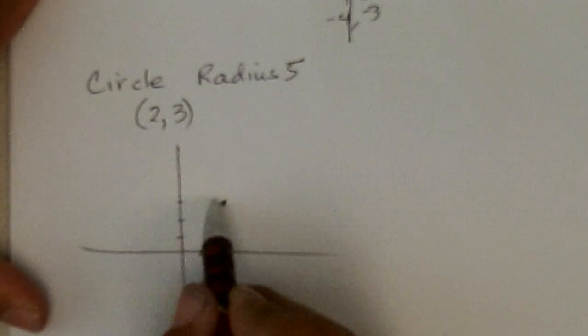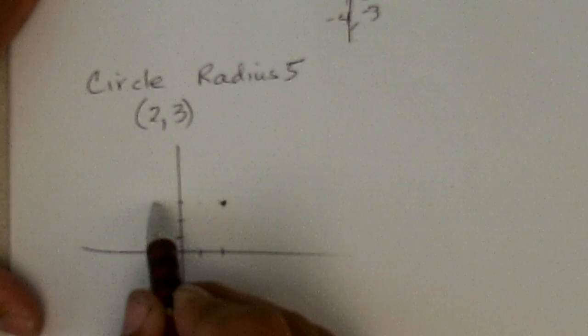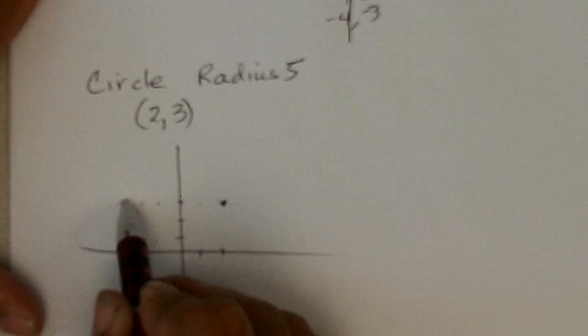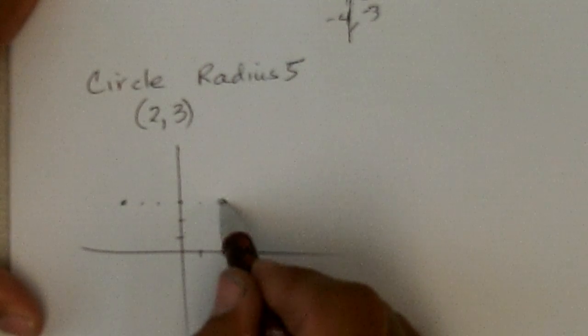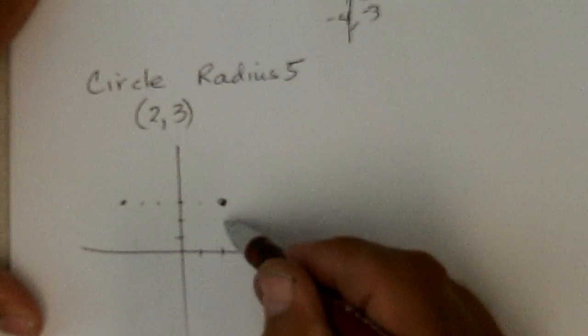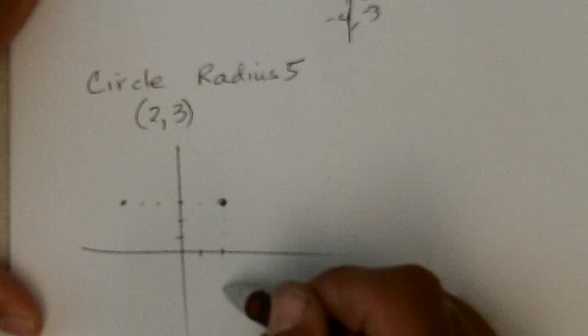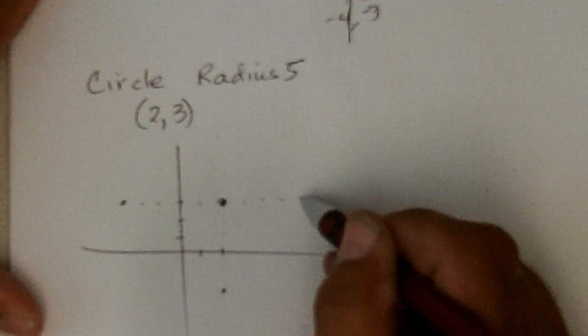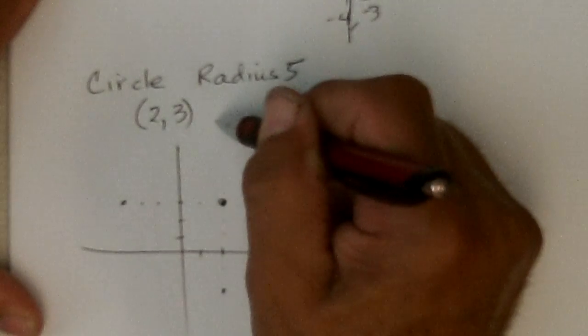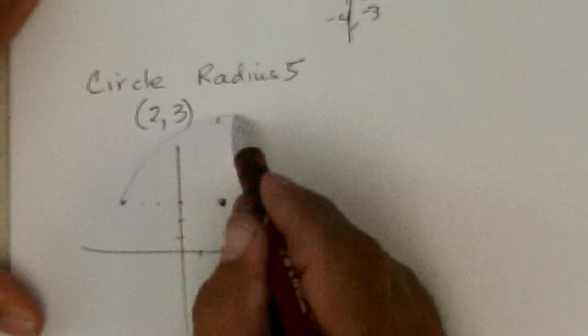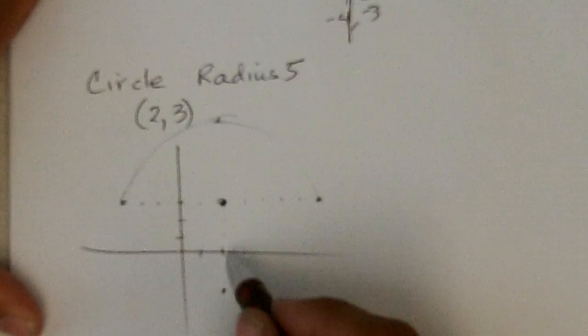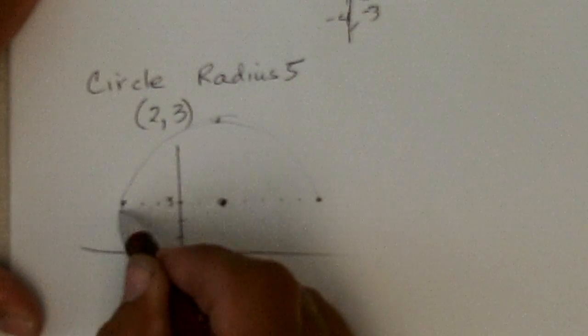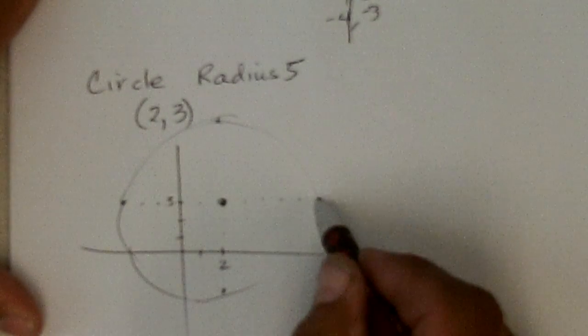So if this is over 2, I'd have to go 3 more, 3, 4, 5, to have a radius of 5, and 5 down, 5 over here, and 5 up. I'd have a circle that sits about there if that's 2 and 3. What's its equation?